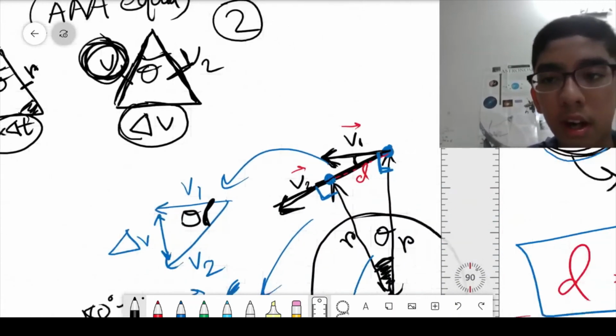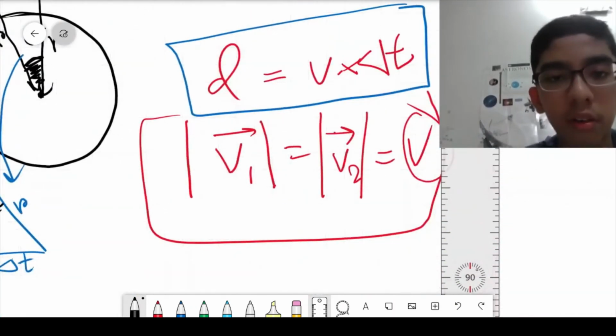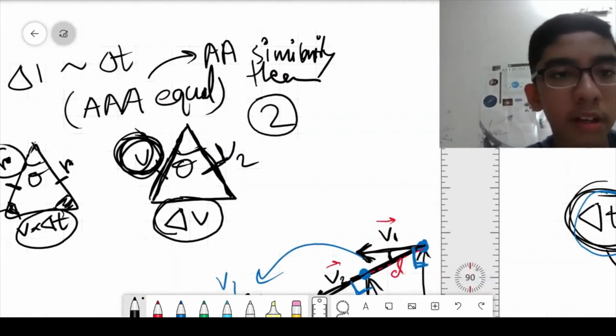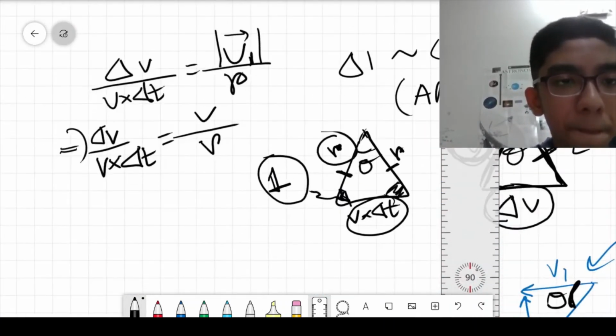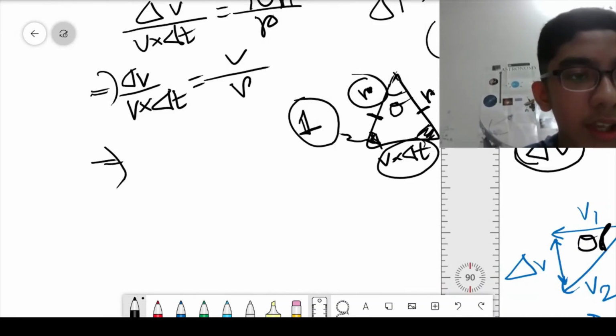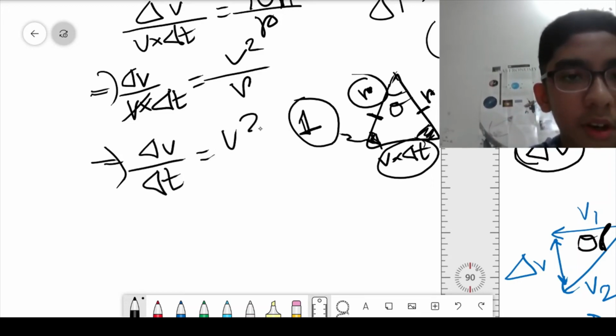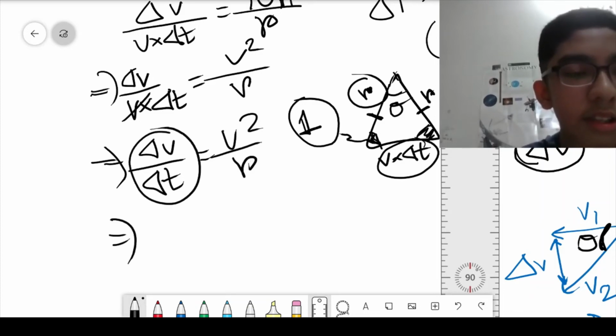We have said earlier that the magnitudes of v1 and v2 are equal, and we have defined that as v. So we can actually say that this delta v by delta t is v squared over r, and we have found that this is actually the acceleration, right?